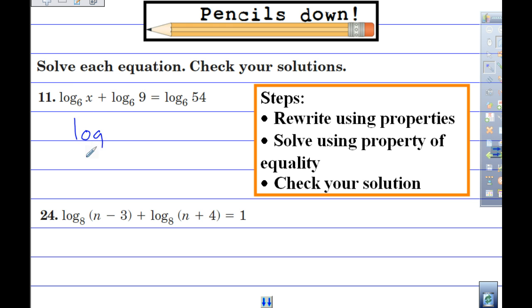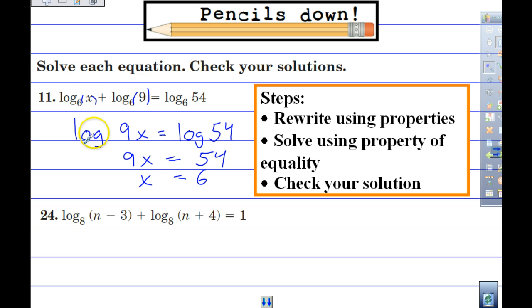Log of 9x equals log of 54. Okay. 9x equals 54. x equals 6. Nothing more than that. So you think multiplication. I got a 9x.